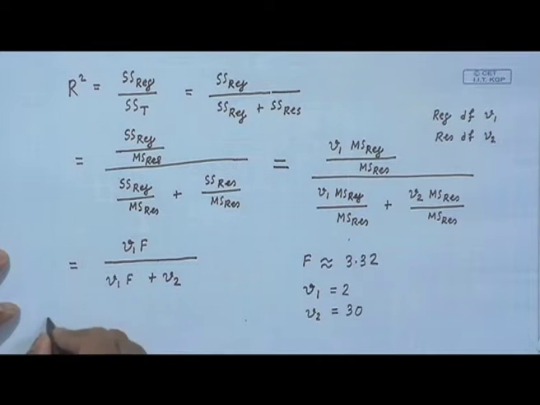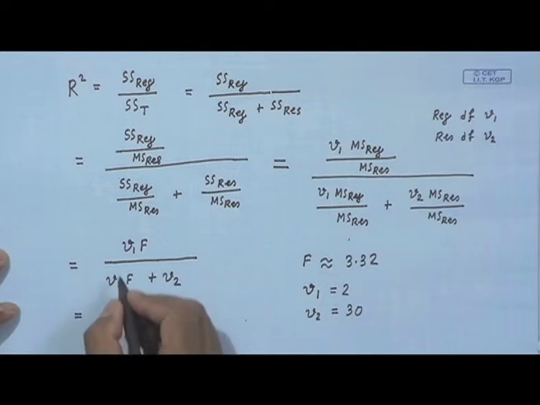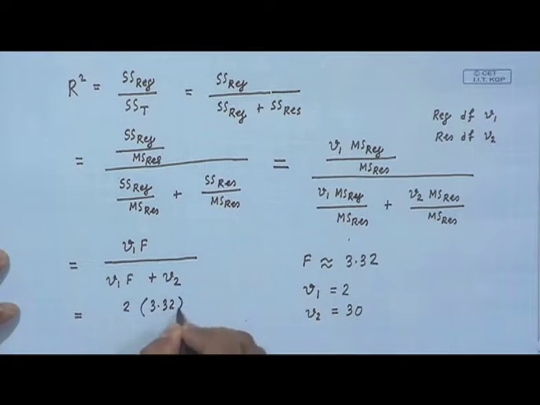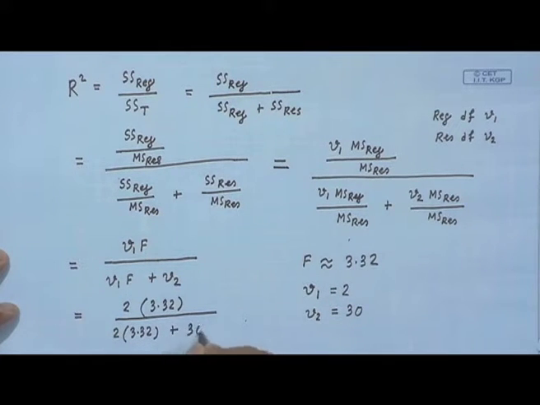So, R square can now be written as 2 into 3.32 by 2 into 3.32 plus 30, which is equal to 0.1812.